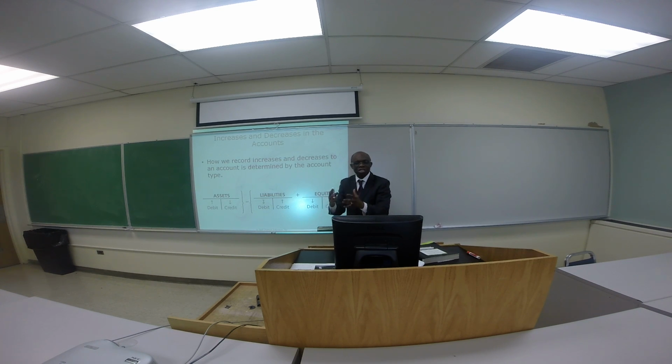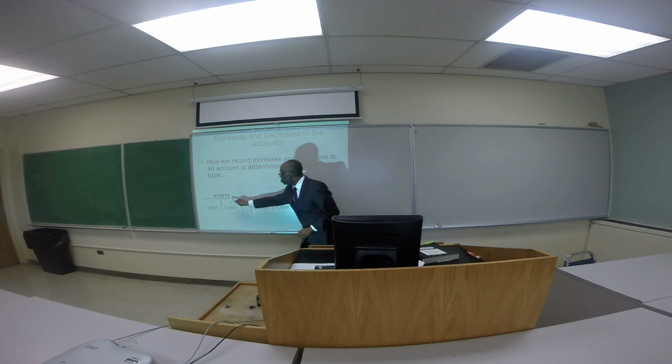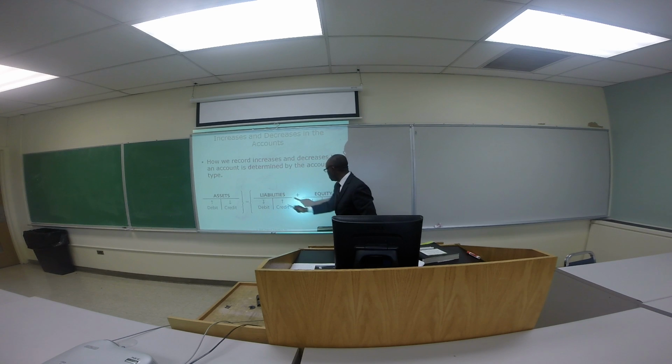So every transaction will increase or decrease some accounts. And of course, as you know, we have three main accounts: assets, liabilities, and equity, with several types of each of them. So how do we record the increase and decrease in these accounts? That is the main issue here.